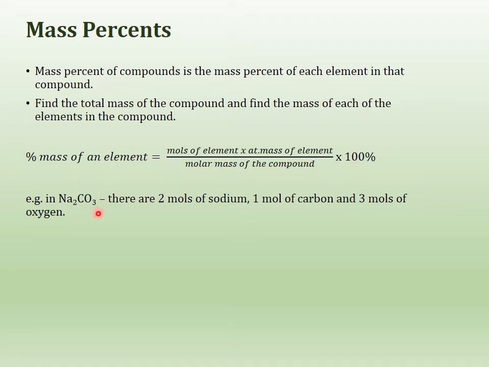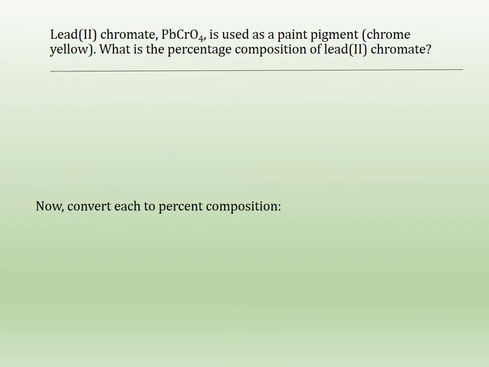So for example, if you were trying to find the mass percents of sodium carbonate, you have 2 moles of sodium, 1 mole of carbon, and 3 moles of oxygen. To find the mass percent of sodium, you would have 2 moles of sodium times the mass of the element, which is sodium, and that's 23, and then the total mass of the compound, which you have to calculate. In the following slides, we have some examples for you to work on.